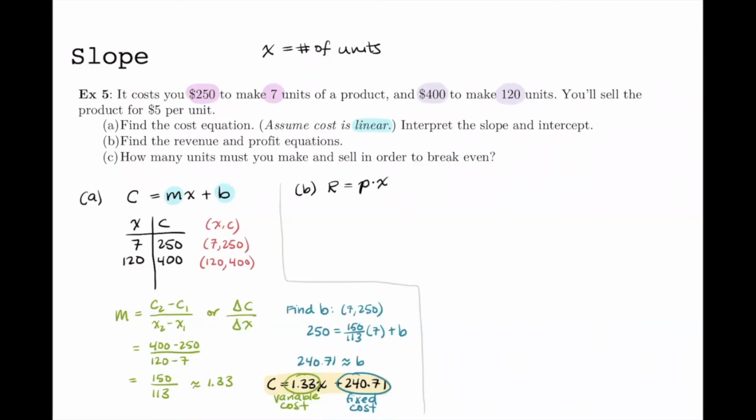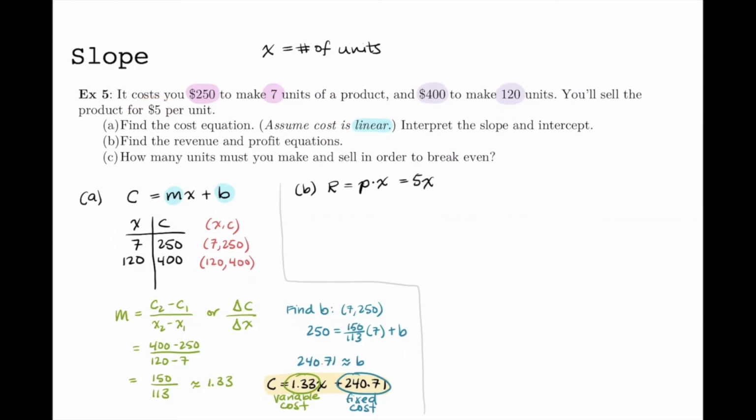Sometimes your price is a formula involving x as well, but sometimes it is just a dollar amount. So price is the amount that you're charging per item. It's the price for the customer. So here we have $5 per unit that we're charging. So our revenue is going to be just 5 times x.